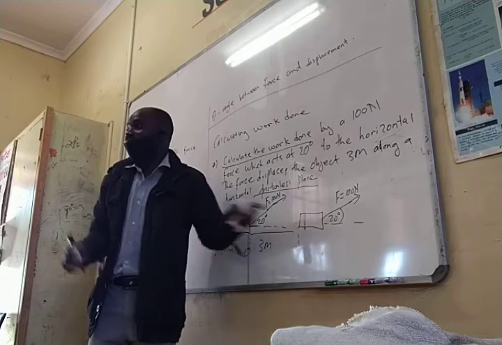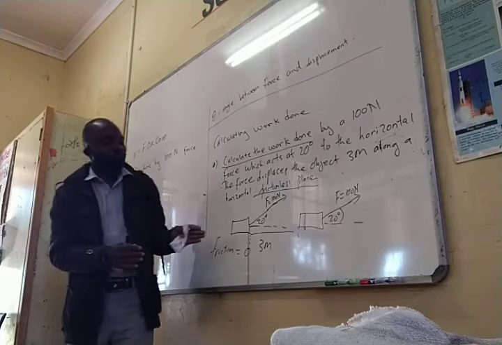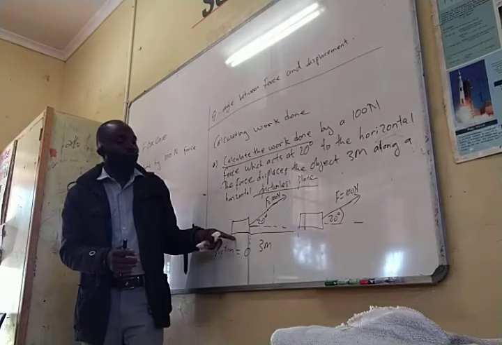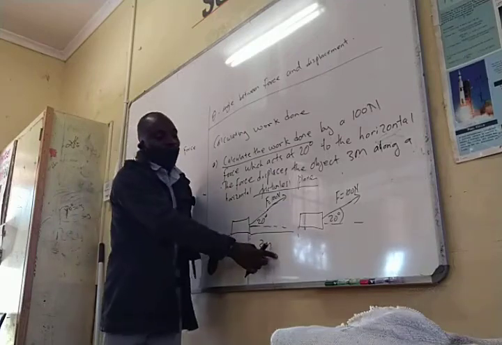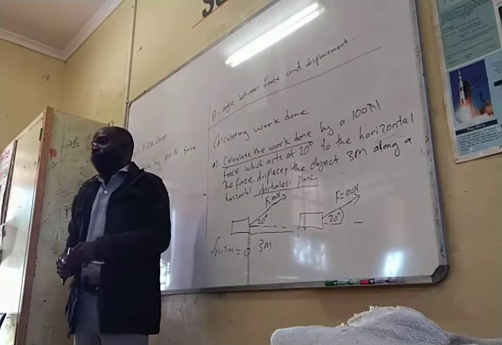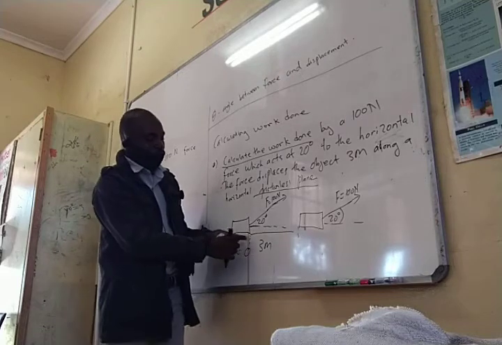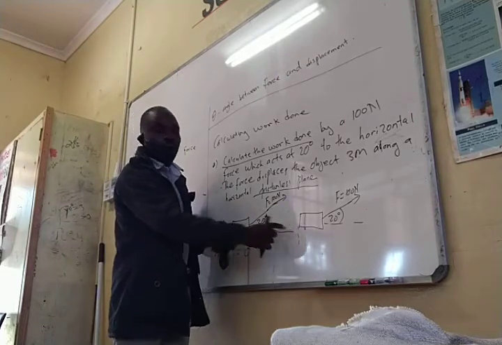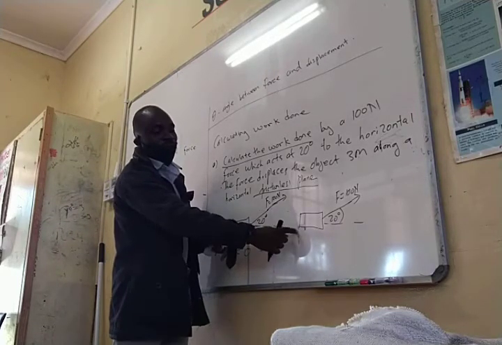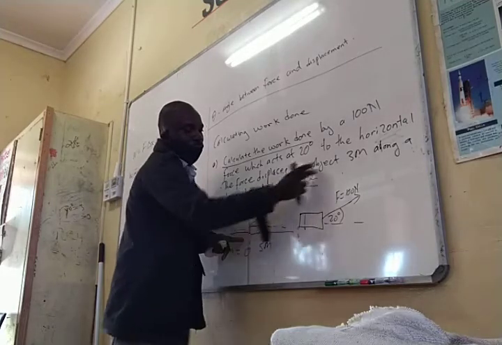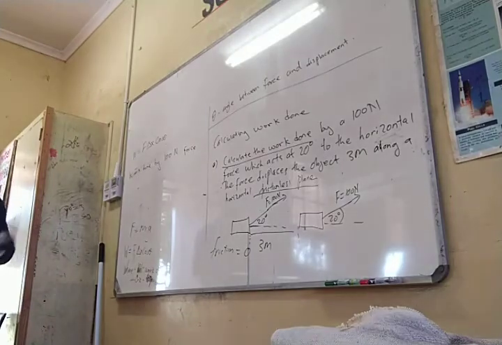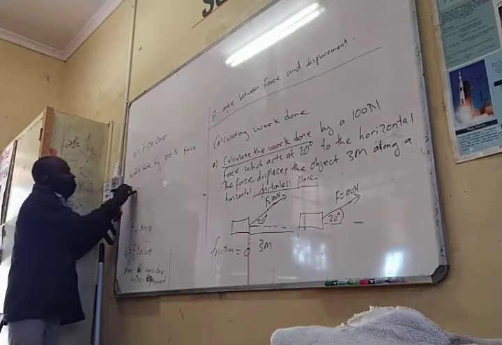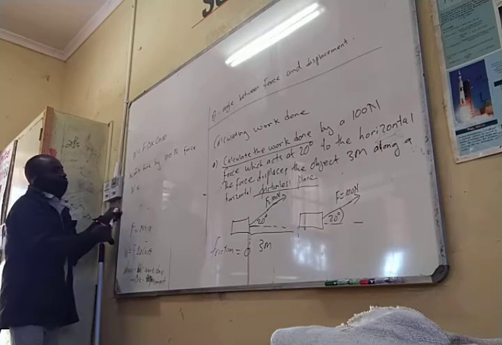But in some cases, you are not going to be given an object moving from this point to this point. You're just going to write the meter here. But you need to know that the object is moving from one point to another point.